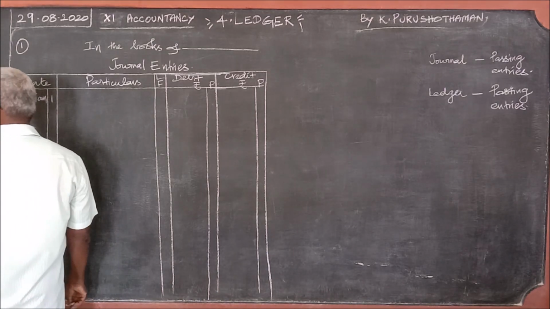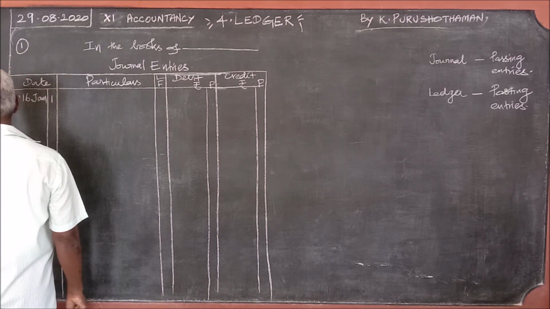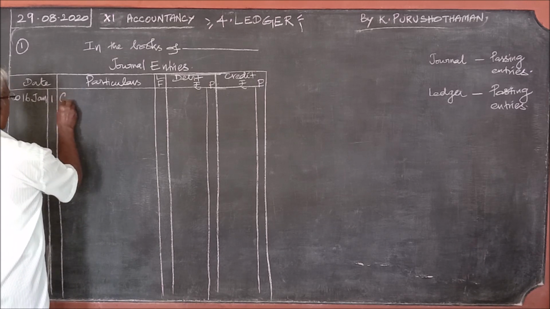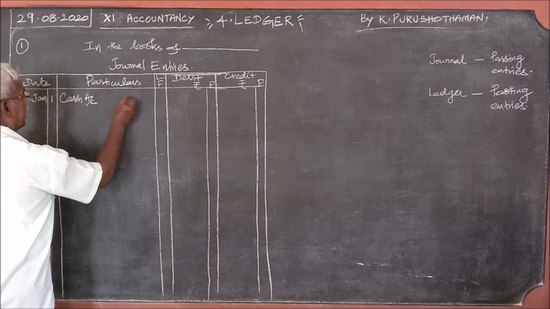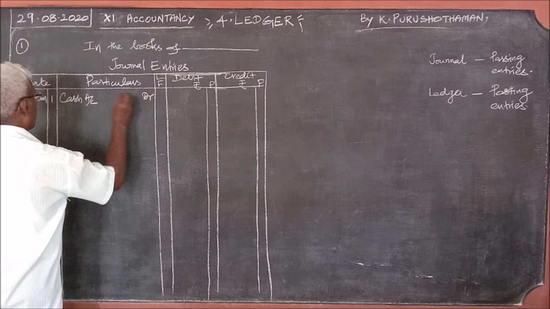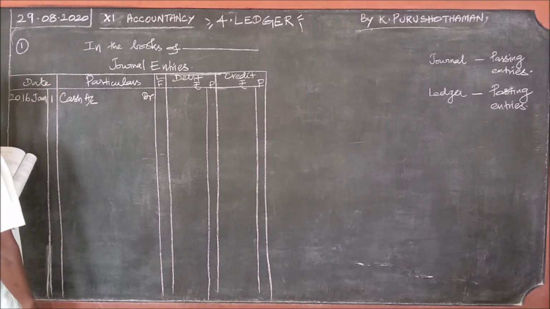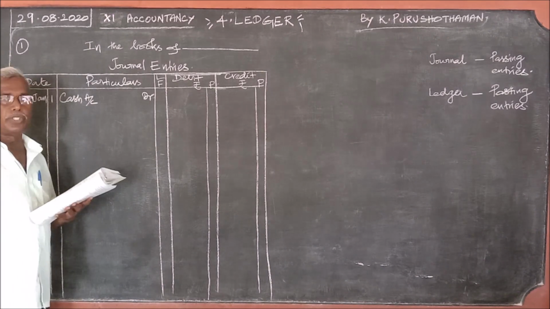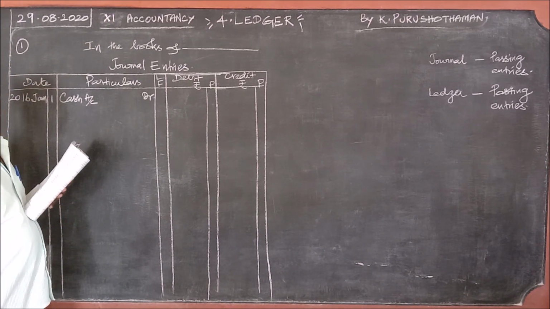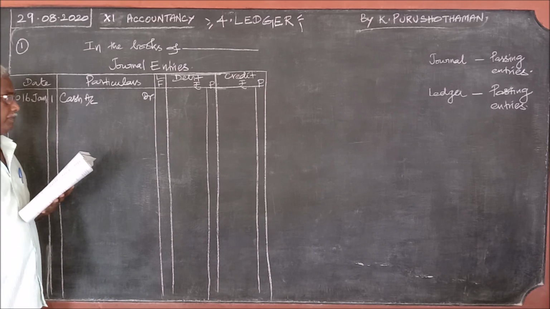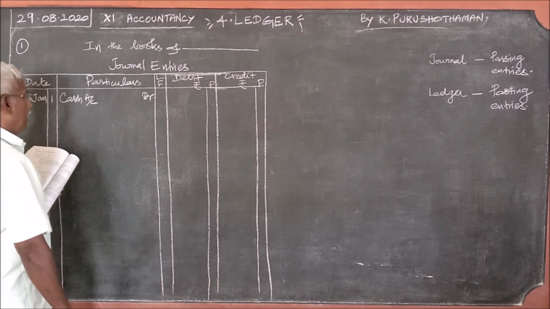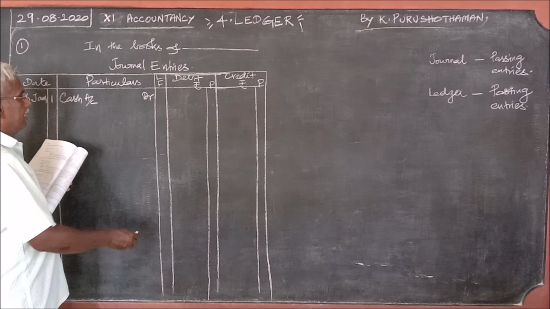What is the first journal entry? Started business with cash. So cash comes into the business, cash account debtor. Whatever things are brought into the business when it is commenced are generally called capital, and the capital will appear on the credit.